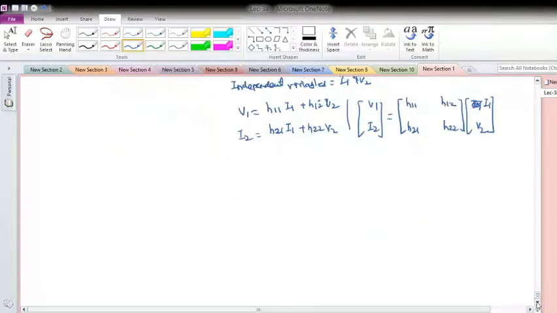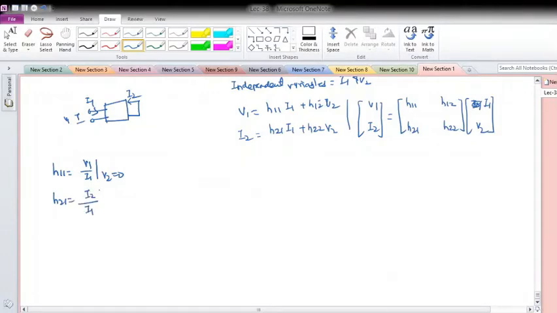Now let us calculate the individual parameters. If I would like to compute H11, H11 will be V1 over I1 when V2 is equal to 0. What am I doing here? I am short circuiting port 2 and measuring V1 and I1. Similarly, H21 can be obtained as I2 over I1 when V2 is equal to 0.